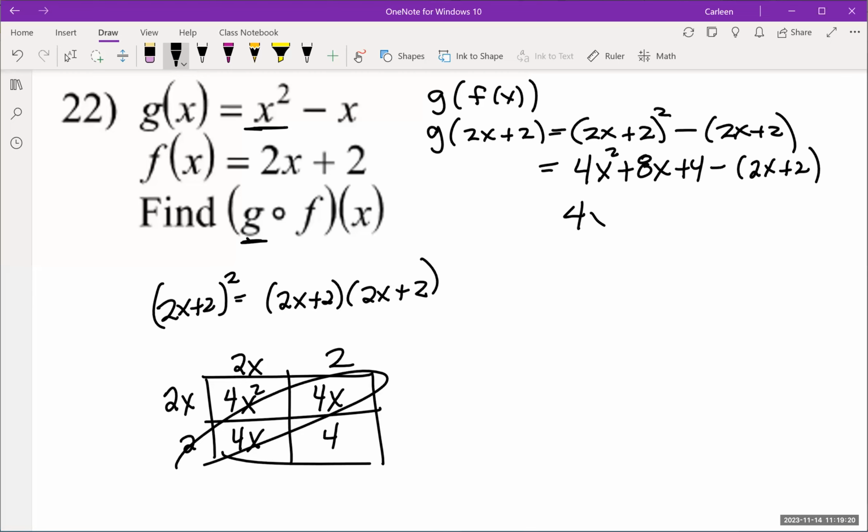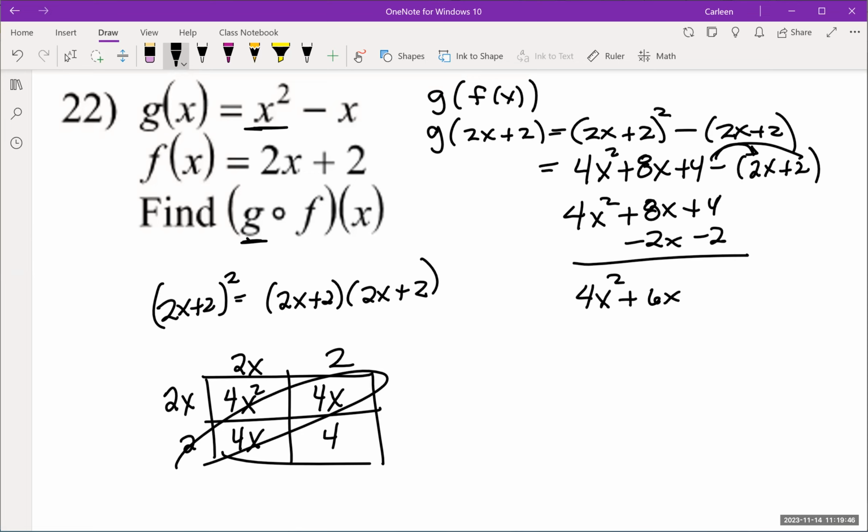I need to distribute the negative. Minus 2x minus 2. Four x squared plus 6x plus 2.